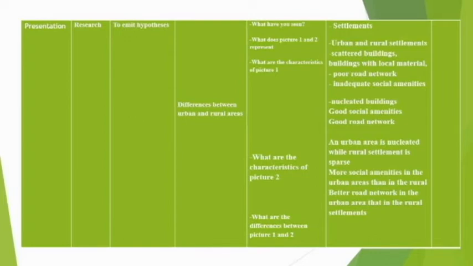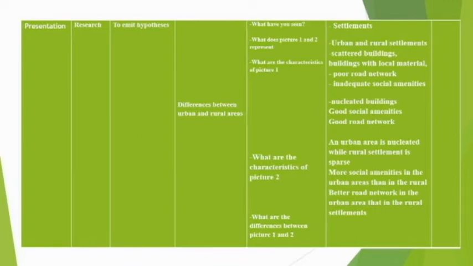And now, you further ask them, what are the differences between picture 1 and picture 2? Because all these questions are trying to exploit the lesson title. Now, they will go on to tell you that an urban area is nucleated while rural settlement is sparse.